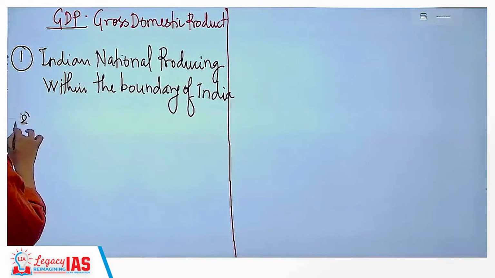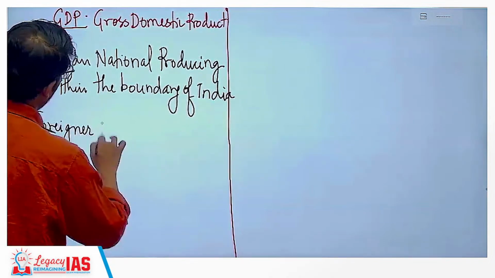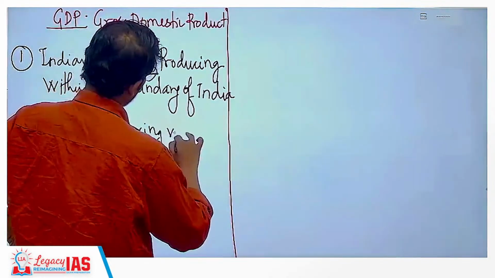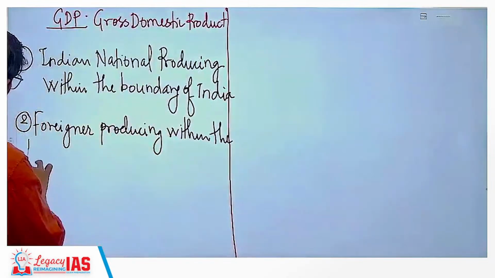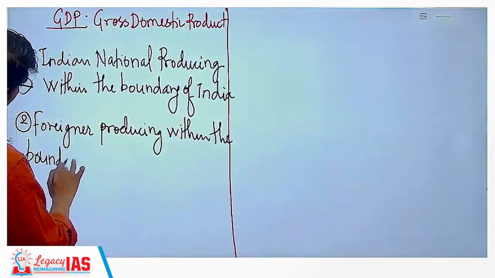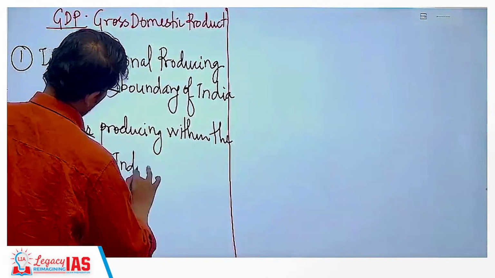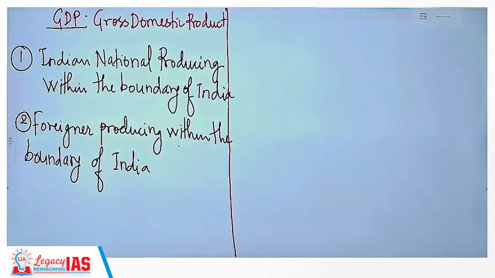So second component would be foreigner producing within the boundary of India. Clear? ये clear है?